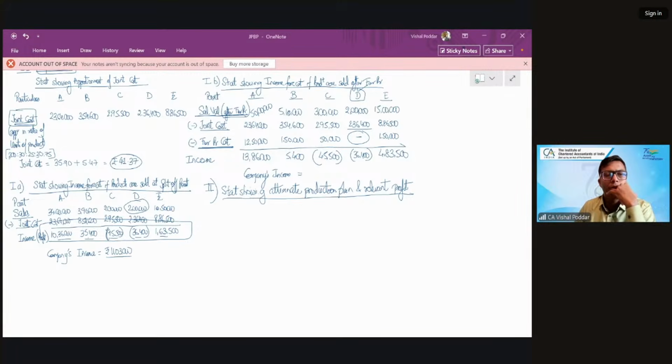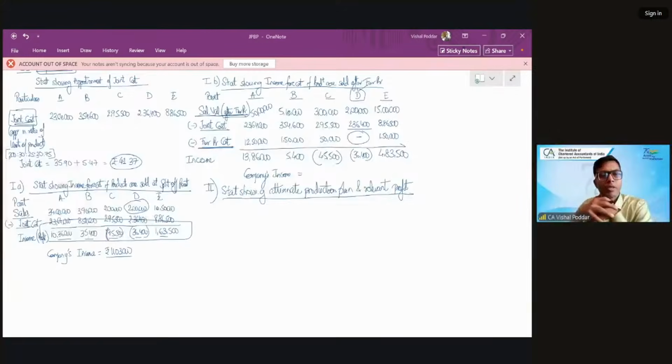Okay, Deepika. Company's income 1773. Okay, Geeta. Perfect, Jaya. How much is company's income?